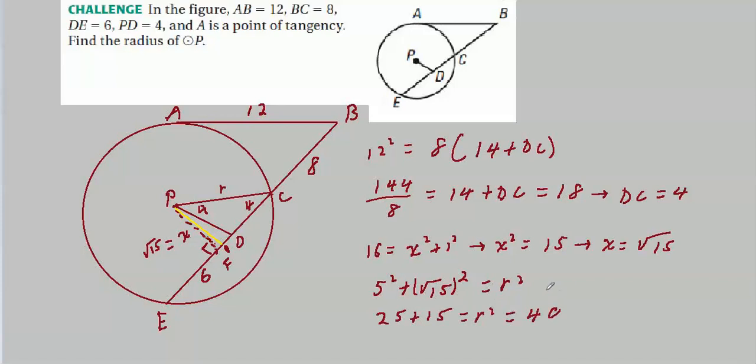So R is the square root of 40, or how else could we write that? We could write that as 4 times 10, and then take the square root, and then it'll give us 2 times the square root of 10.